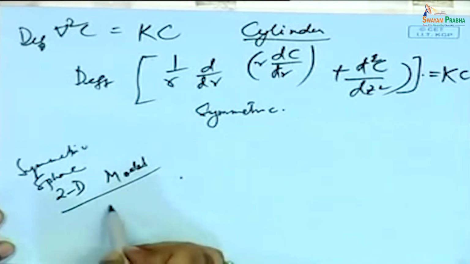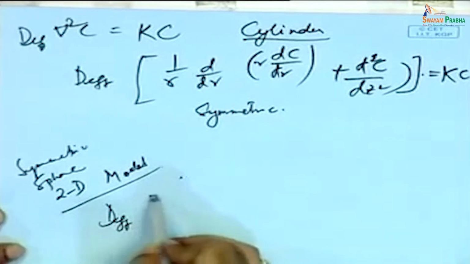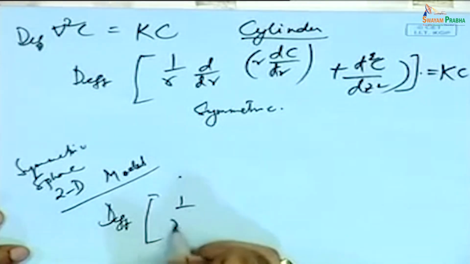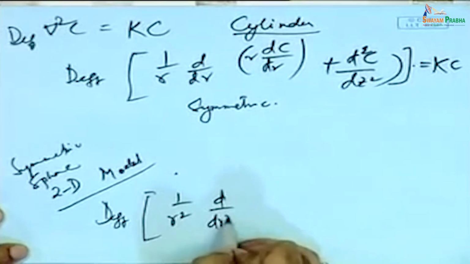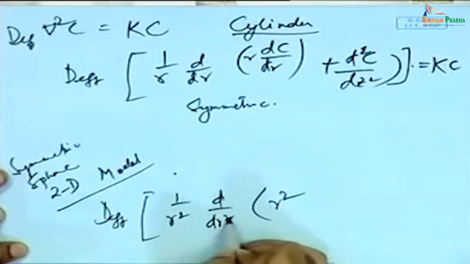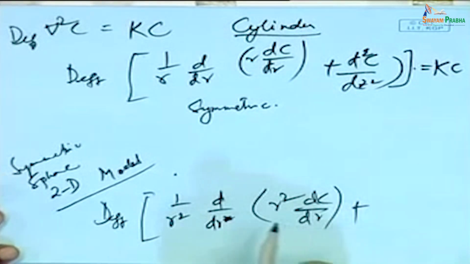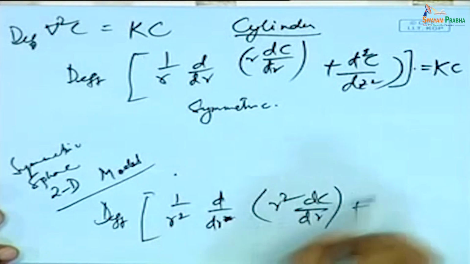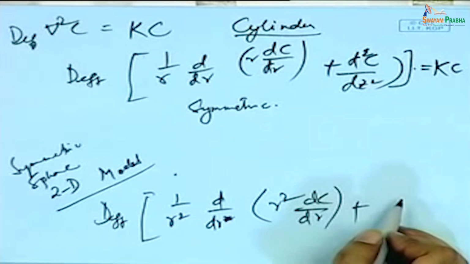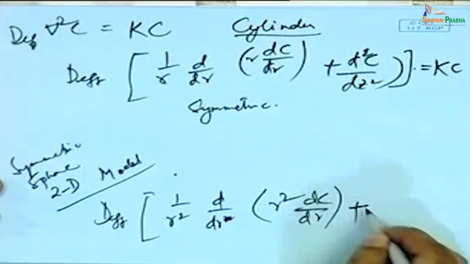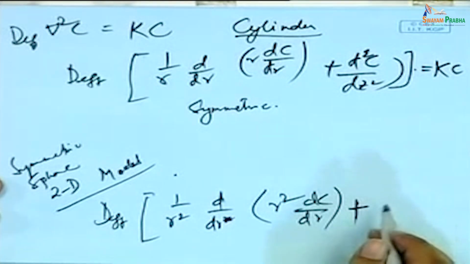So let me add the radial part, okay? Plus what would the other components be that would come in?